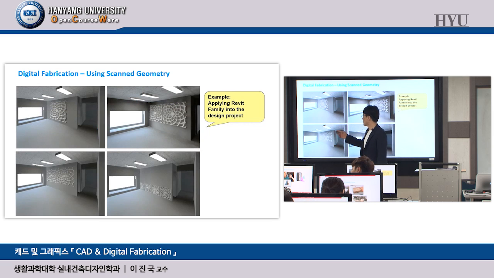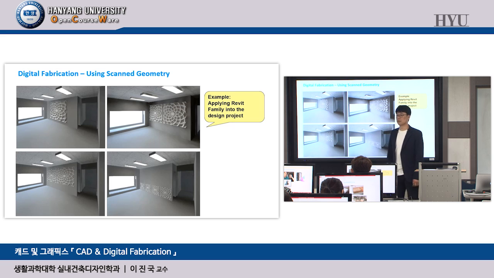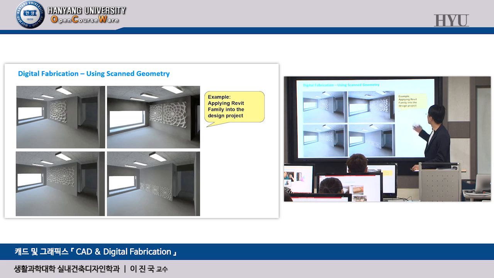And this is actually the Revit application, and you can reuse the given design. Design from the real world can be used in this way, okay? So a Revit family into the design project.